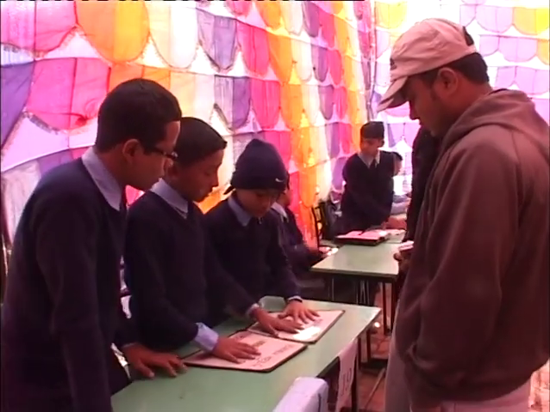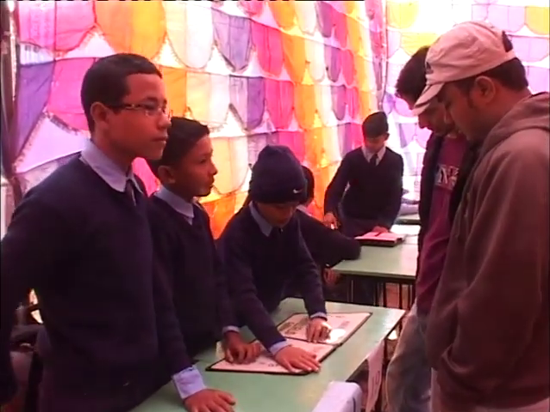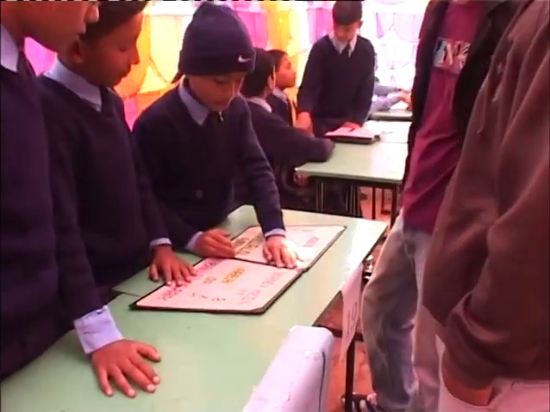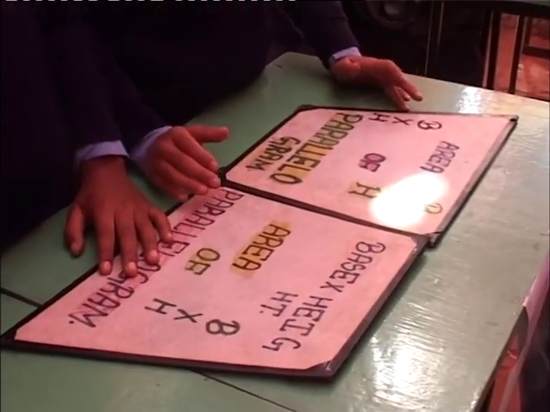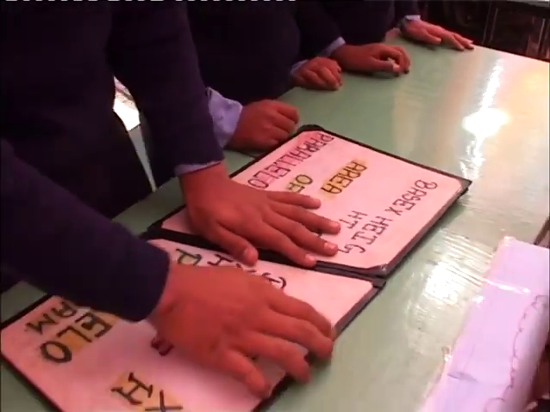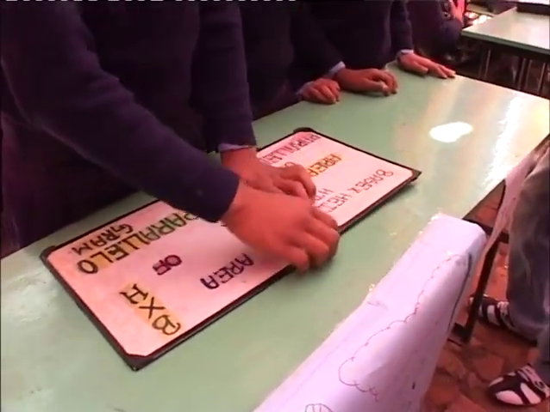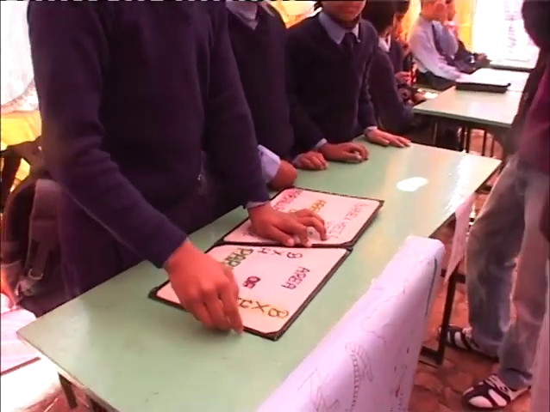As you know, this is the parallelogram, and this is the base of the parallelogram, and this is the height of the parallelogram. Multiplying base times height is equal to the area of the parallelogram. And this is a rectangle. The base of the parallelogram becomes the length of the rectangle, and the height of the parallelogram becomes the breadth of the rectangle.